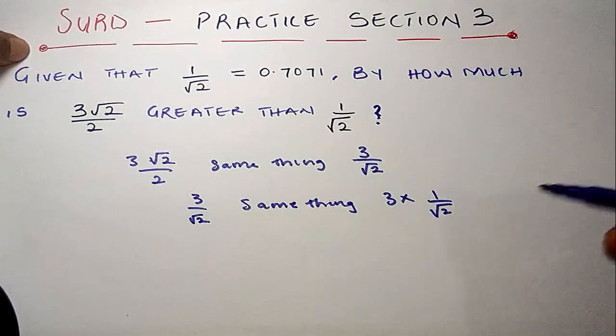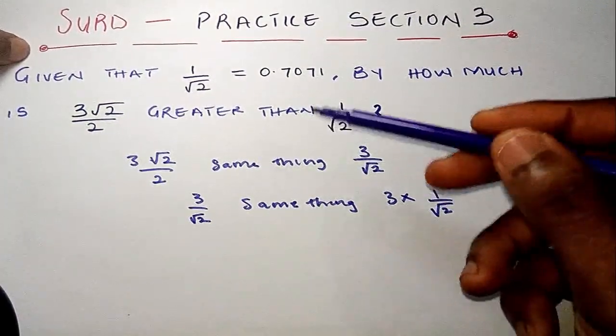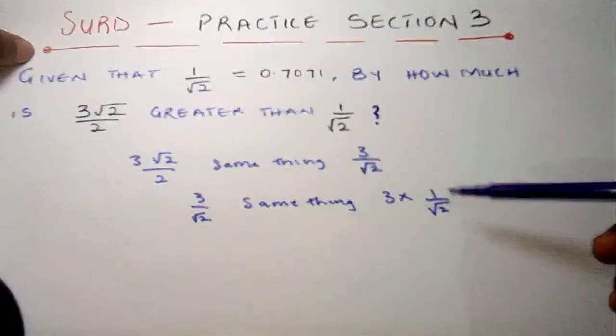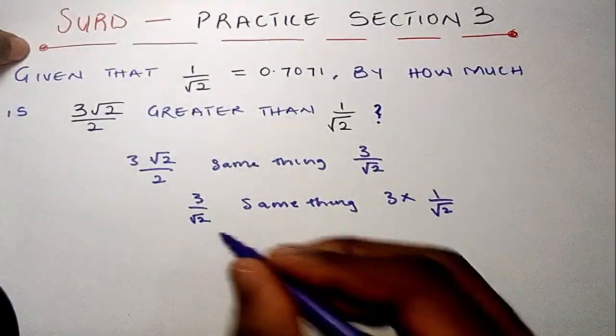Okay? So now once you've gotten to this level, you actually are on a good path to get the answer. So now getting this point helps you to understand that you're going to impute the values for 1 over root 2 here to find the real value of 3 root 2 over 2. And that's exactly what we're going to do.